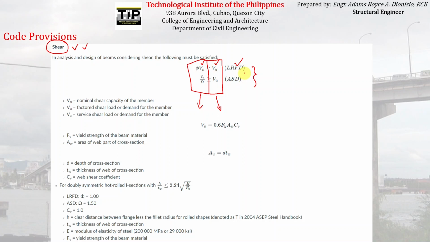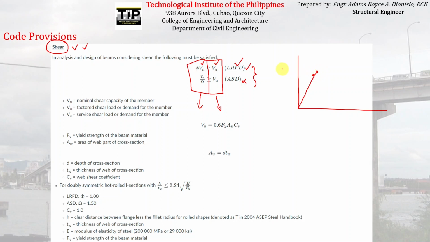So nowadays we are using LRFD to maximize the design that we do instead of using ASD, because as I've discussed before, for ASD, we're just using the strength of the material up to the proportional limit or up to the elastic limit.